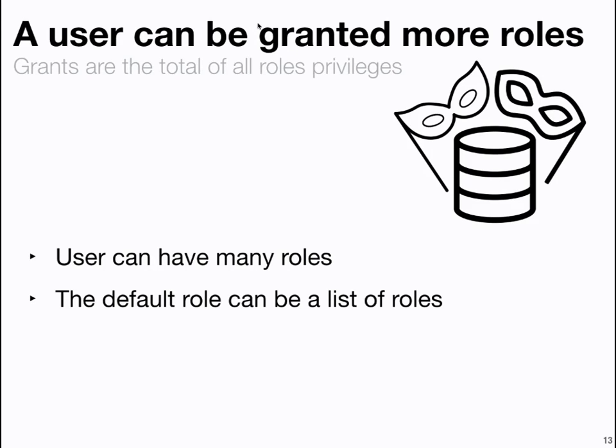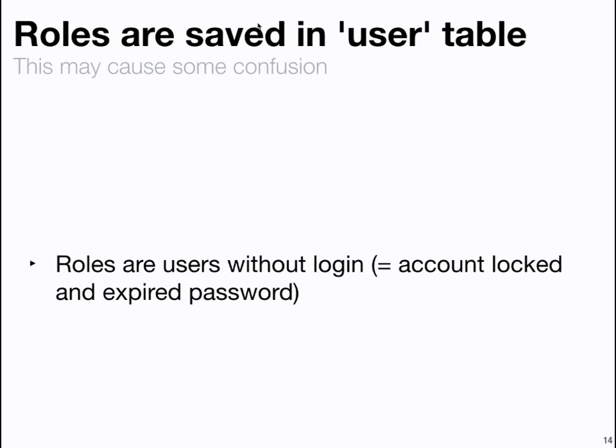In the same way, you can set the default role not as a single role, but as a list of roles. A surprise for me when I started using roles was that the roles end up in the user table. So what is a role? Basically, it's a user without a login.